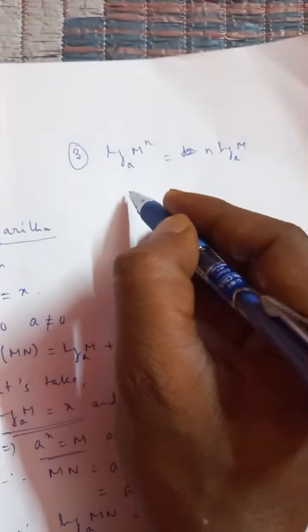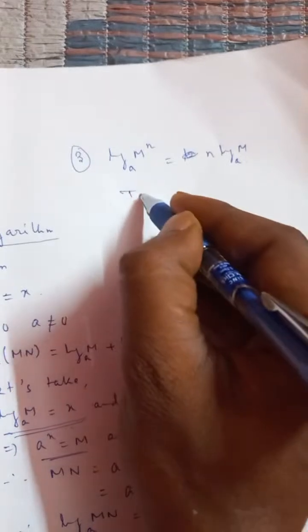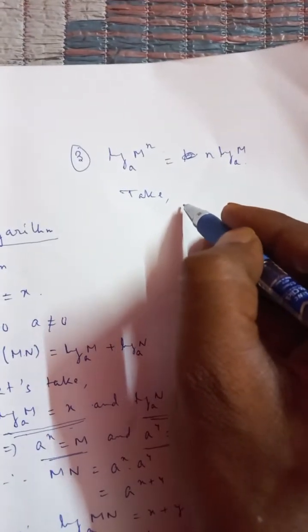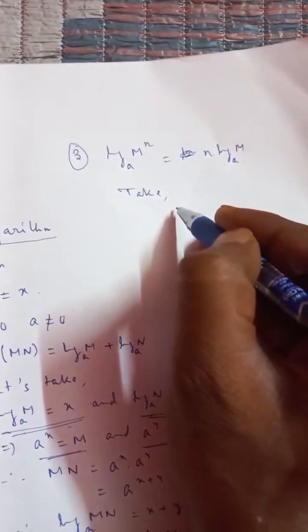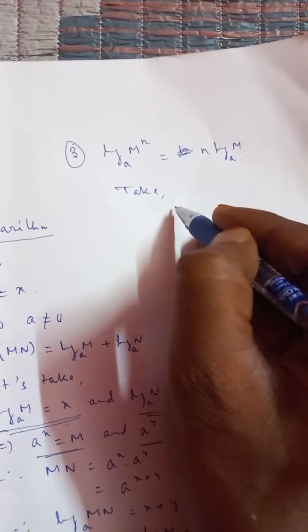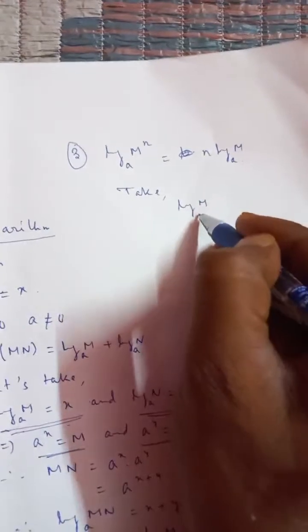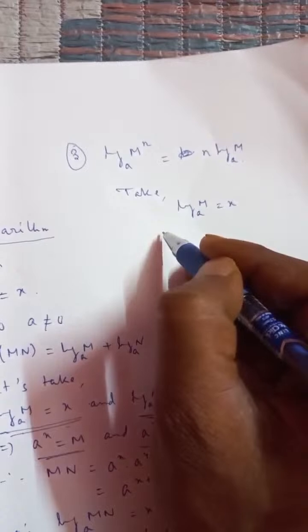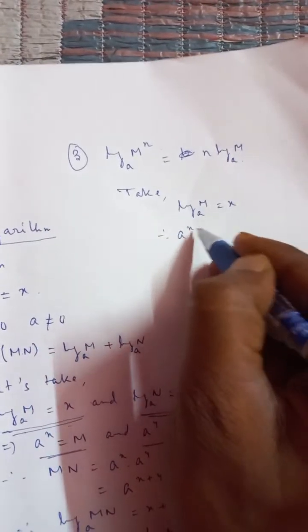So again we take log of m base a is equal to x. So a to the power x is equal to m.